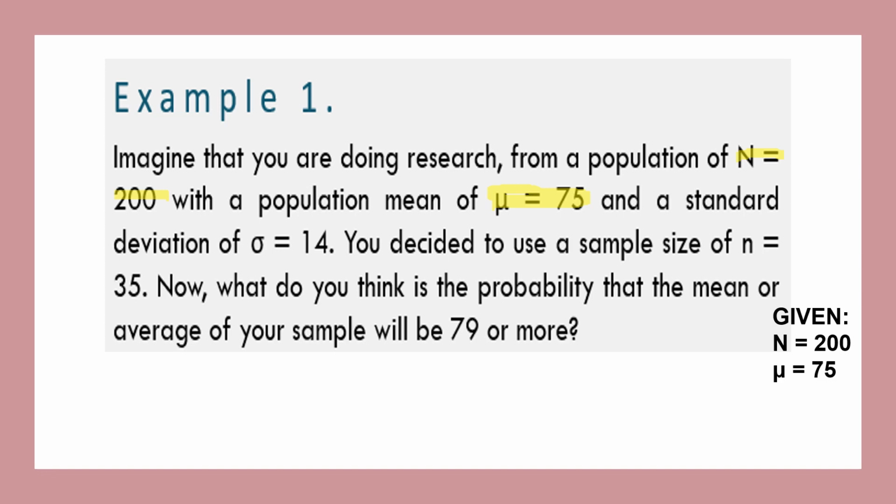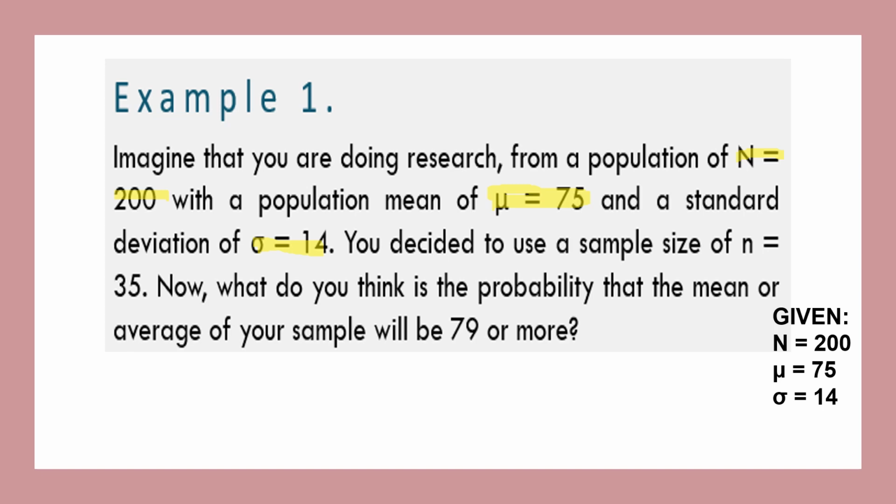We also have sigma equal to 14 or the standard deviation. Paano naman kapag wala yung mga symbol na to? Alam niyo naman na siguro siyang i-identify, no? Pag sinabing population na 200, that is capital letter N. Pag sinabing population mean, that is mu. Pag sinabing standard deviation, that is sigma.